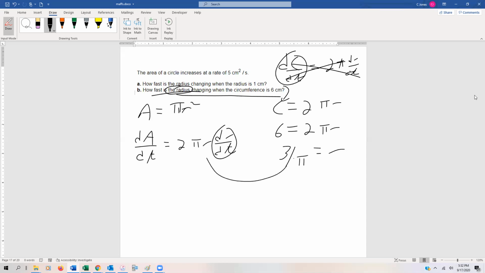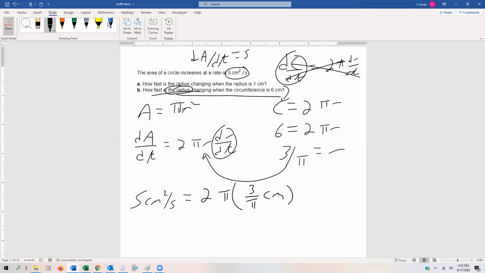Since we know r is 3 over pi, and we know that dA/dt is equal to 5 centimeters squared per second, we can rewrite this: 5 centimeters squared per second is equal to 2 pi times 3 over pi centimeters, and remember the radius is just measured in centimeters, times dr/dt. I just substituted for r and for dA/dt.